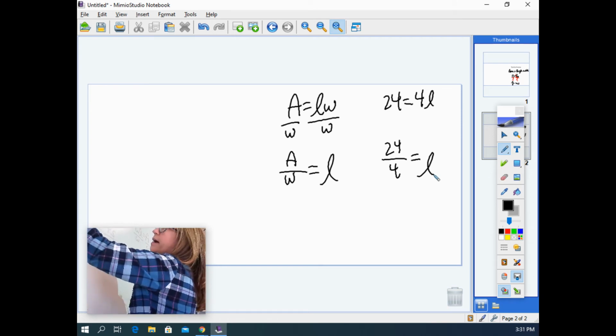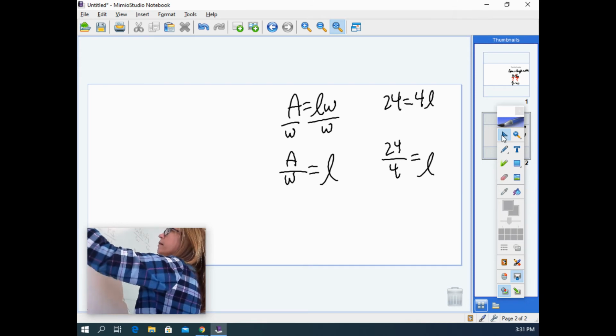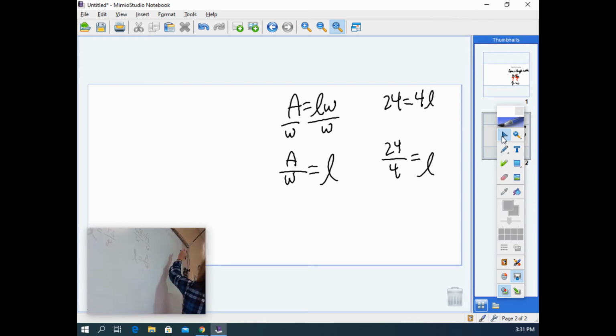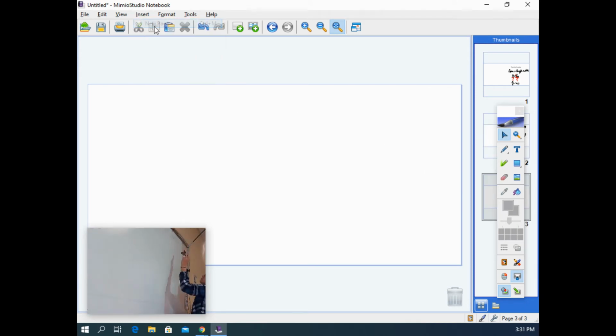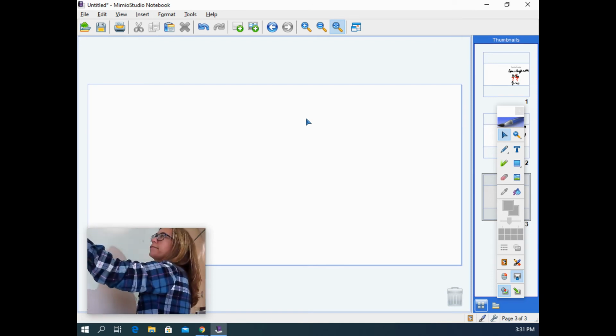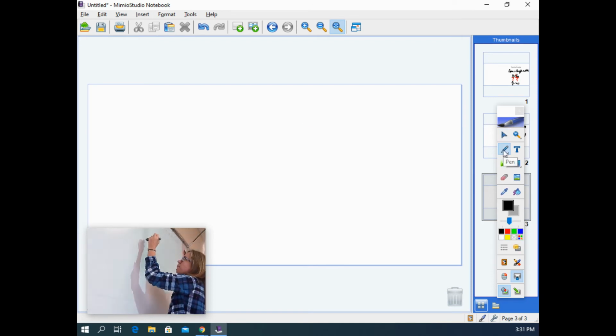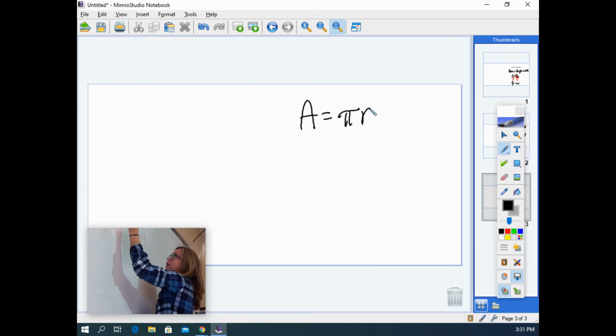Okay, let's try a different formula. Let's say I gave you the area of a circle. The area of a circle is pi r squared. You may or may not be familiar with that, and that's okay.